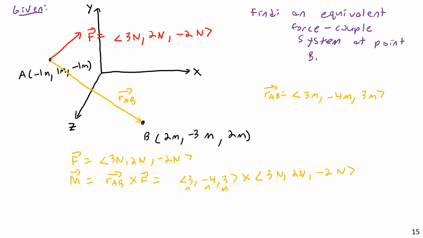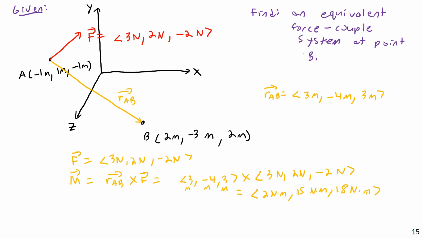I'm going to do 3, negative 4, 3 crossed into 3, 2, negative 2, and I get 2, 15, 18. So again, I'm feeling a little lazy, so we'll just do this as a calculator cross product: 2 newton meters, 15 newton meters, 18 newton meters.